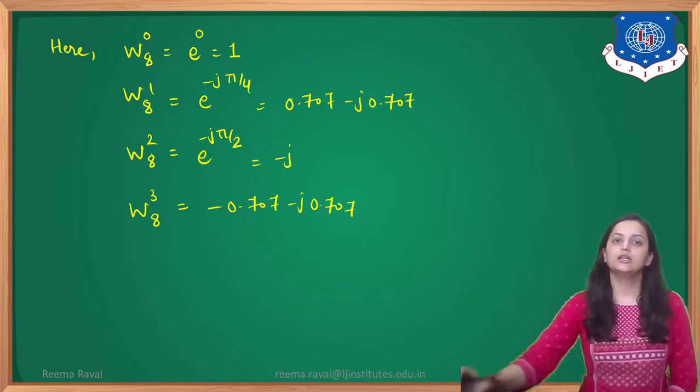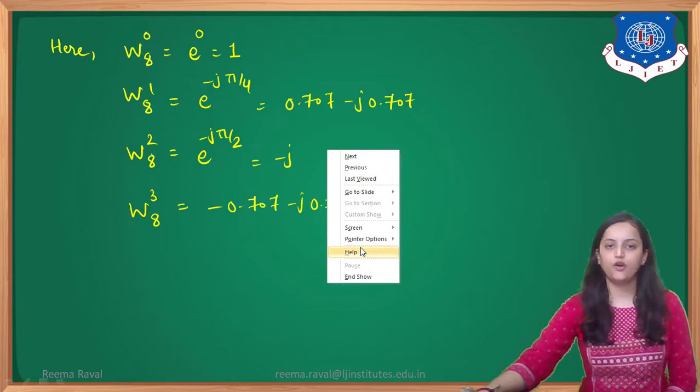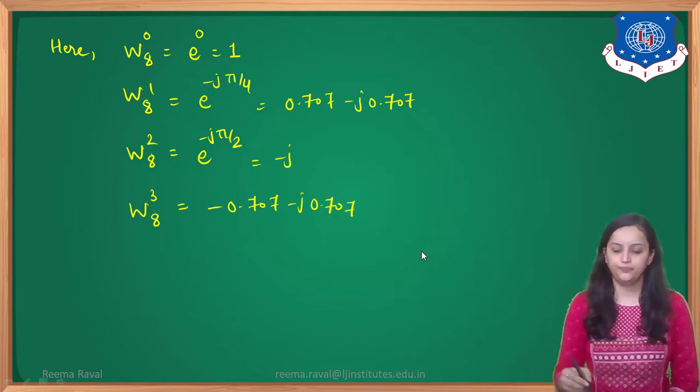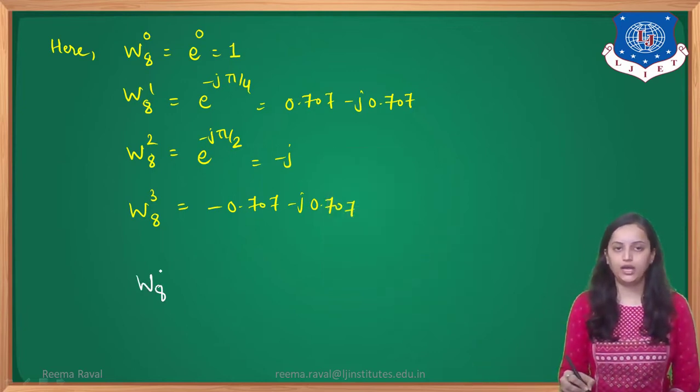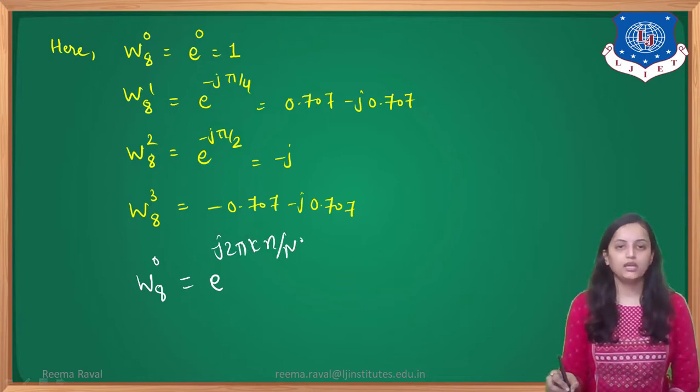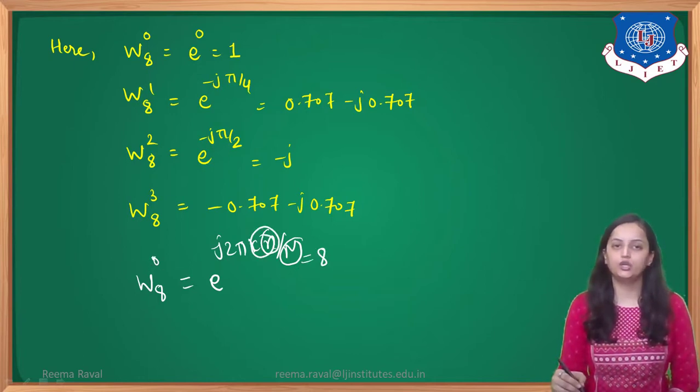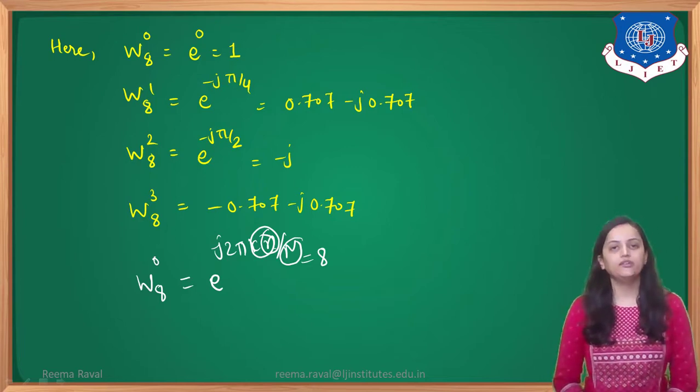And we know that W8^kn, that is the formula of Twiddle factor, is e raised to minus j 2 pi kn by N. So in this formula we will place capital N equal to 8 and here we will place the kn according to the values 0, 1, 2 and 3. And using that we will find the values of Twiddle factors.